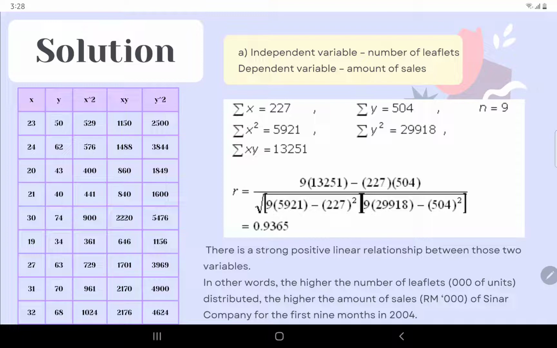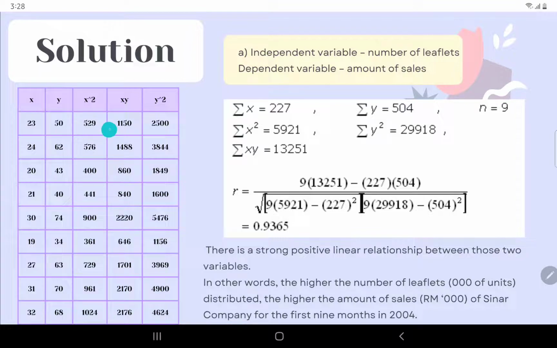Okay, so maksudnya number of leaflet yang menentukan amount of sale. Okay, bukannya amount of sale yang menentukan number of leaflet. So number of leaflet is the independent variable. Okay, and then nak guna Pearson tadi, okay, kena buat tambah table lagi lah dekat sini.